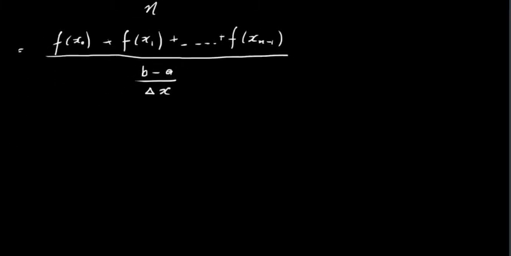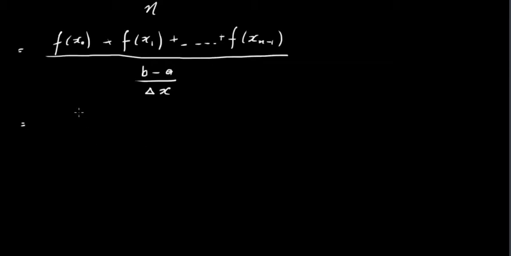Okay, so from here I'm dividing by a fraction, so I can just flip this fraction upside down and multiply. So I end up with delta x multiplied by each one of these individual y values, and on the bottom I'll end up with b minus a.